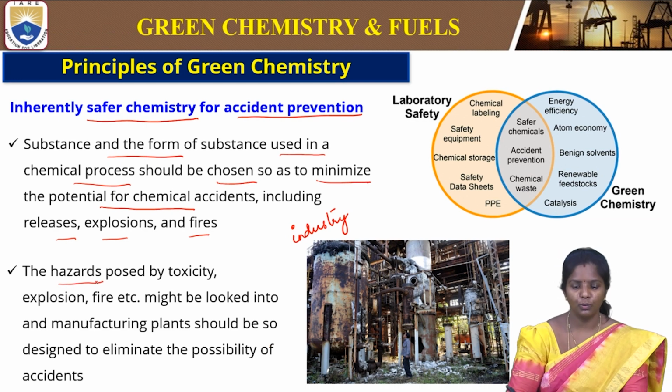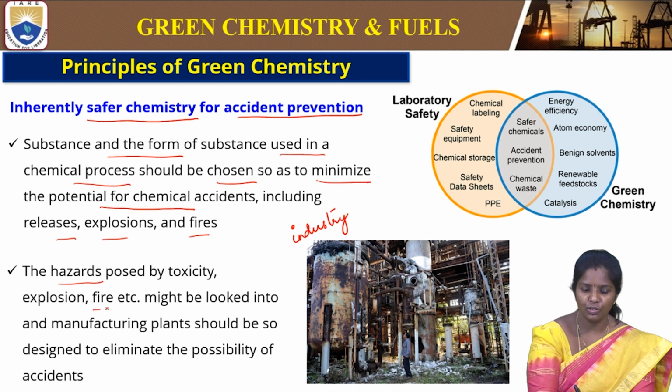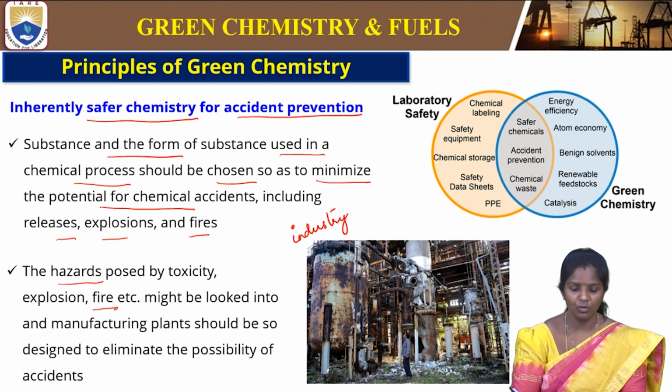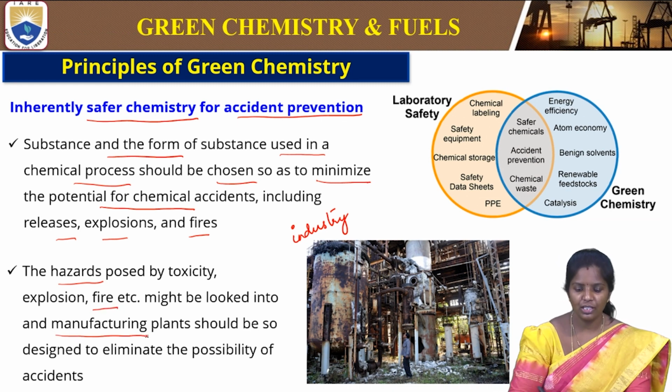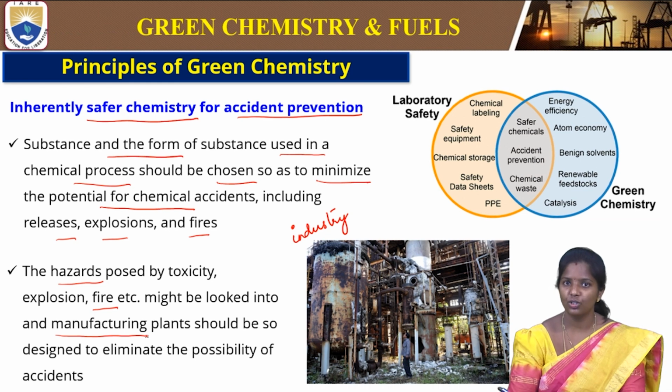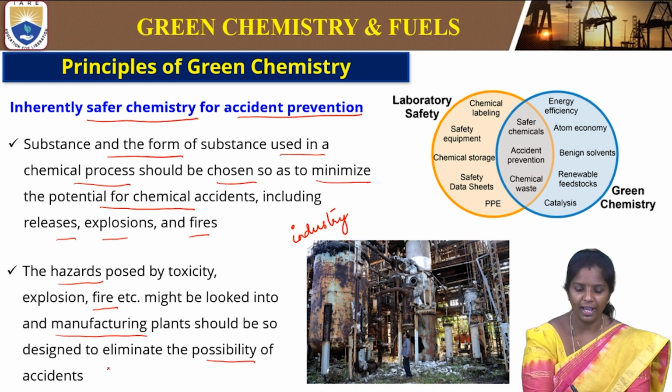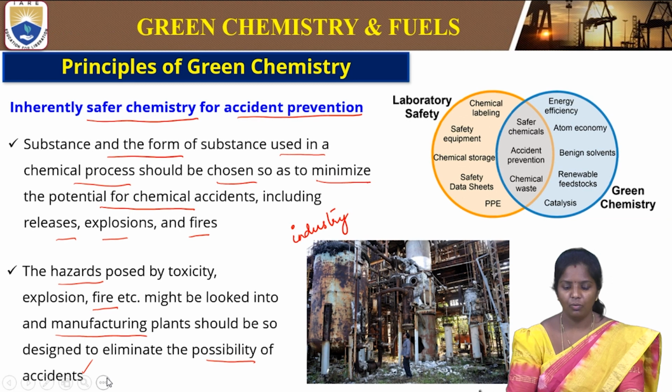The hazards posed by toxicity, explosion, fire, etc. should be looked into, and manufacturing plants should be designed to eliminate the possibility of accidents. So what are the different possibilities? In larger plants, we will have smoke detectors. That is how the sensor works there, giving an alarm.